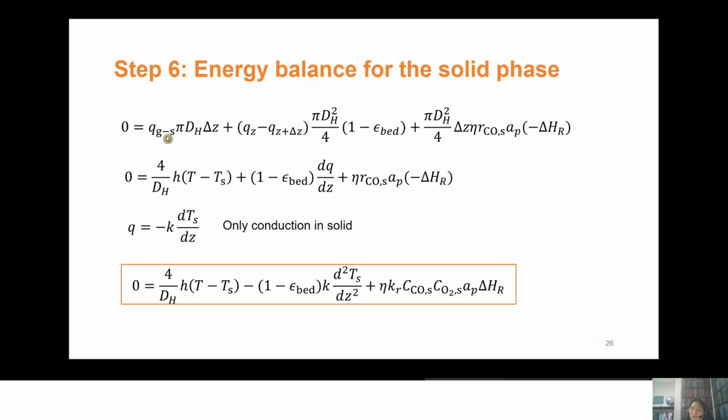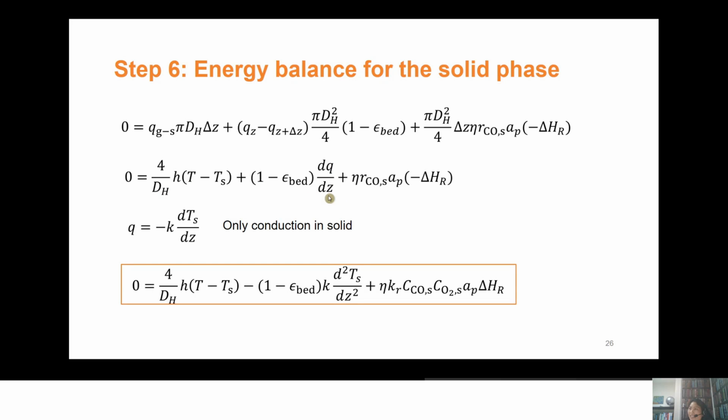We have this flux before. Yeah, we wrote that before. And then we take the limit as delta Z tends to 0, and then we will get this differential equation. So we have dq over dz here.